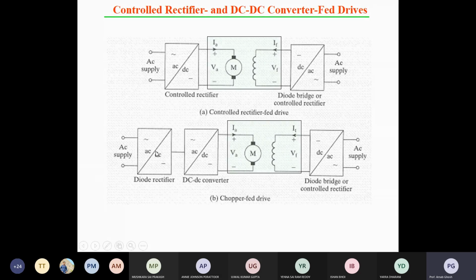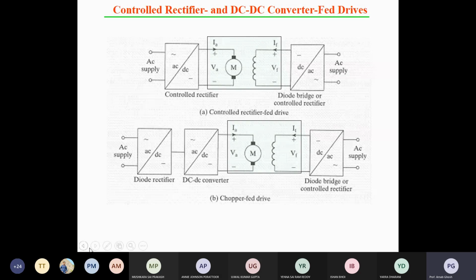It was mistakenly written AC; actually it should be DC, so it is not AC, it is the DC line.